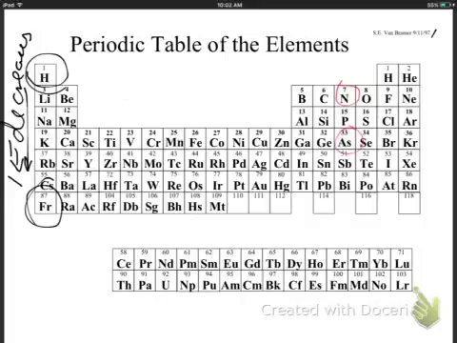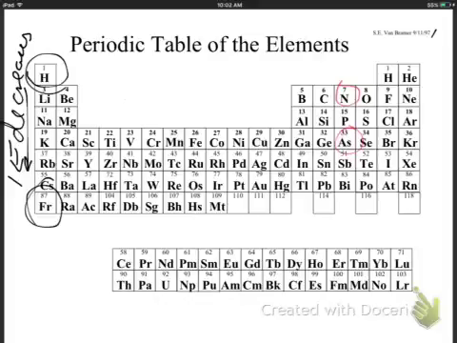Okay, copper and titanium, Ti. Which one is going to have lower ionization energy? Titanium. Because remember, ionization energy increases as we go across a period. So it'll be easier to pull an electron off of titanium than it will off of copper.